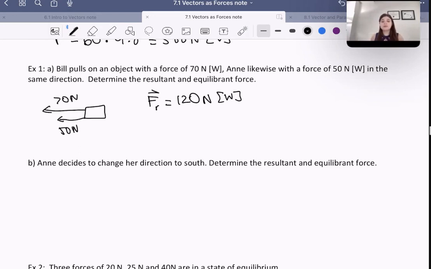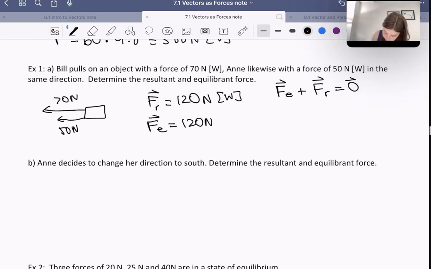Now, what about the equilibriant force? What does the equilibriant force mean? That means the opposite force, okay? So the equilibriant force plus the resultant force is going to be equal to 0, and so the equilibriant force is going to be the opposite. It's going to be 120 newtons east. Because let's say a very, very strong person pulled it the opposite direction with a force of 120 newtons to the east.